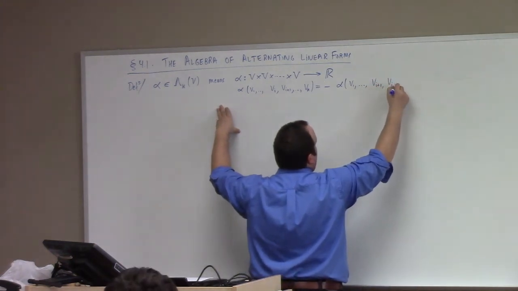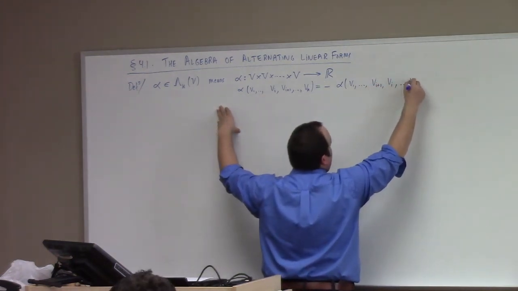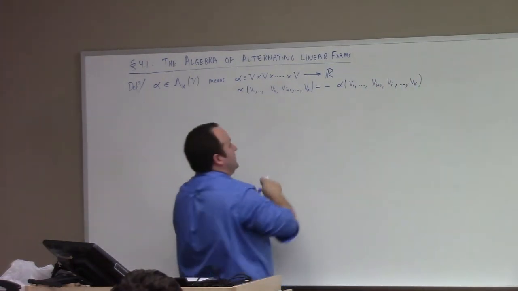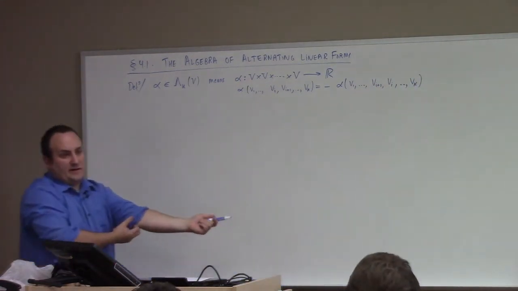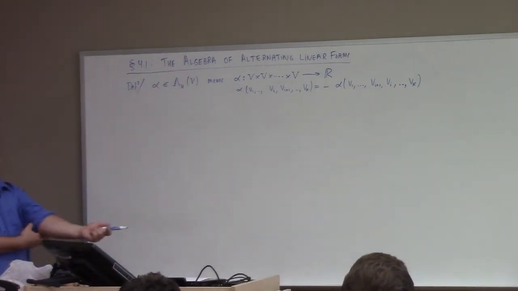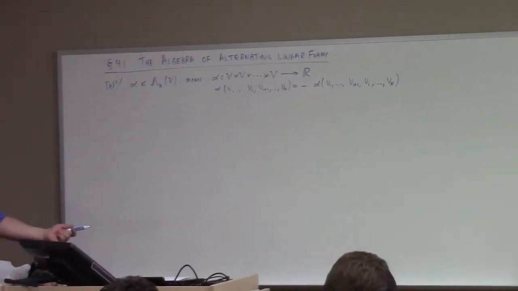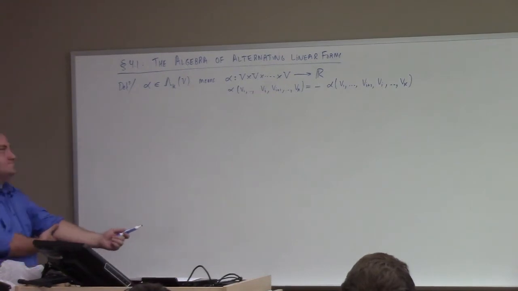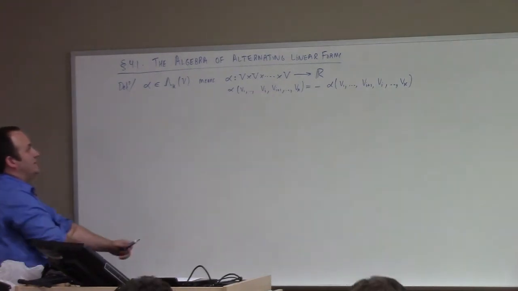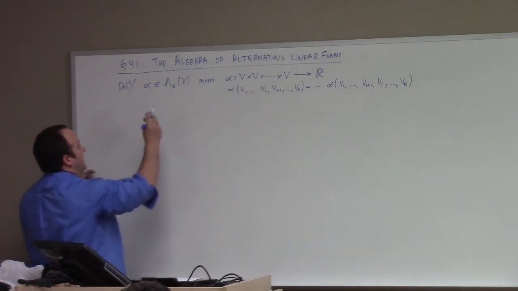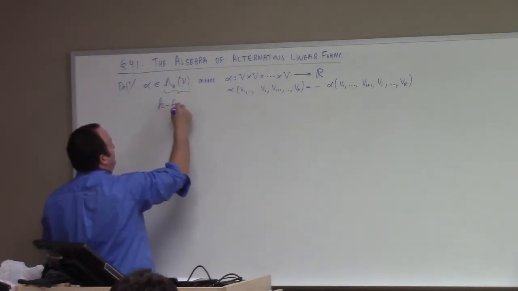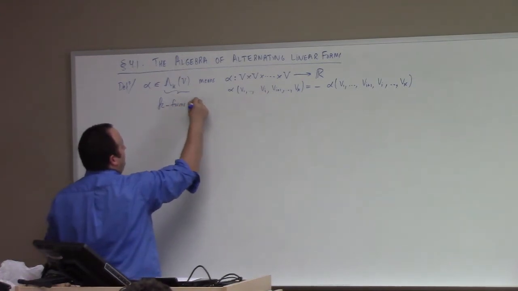So anytime you flip a pair of inputs, you get a minus for this alternating form, right? So it's a completely k-linear, completely alternating map. That's what these so-called k-forms on V are.